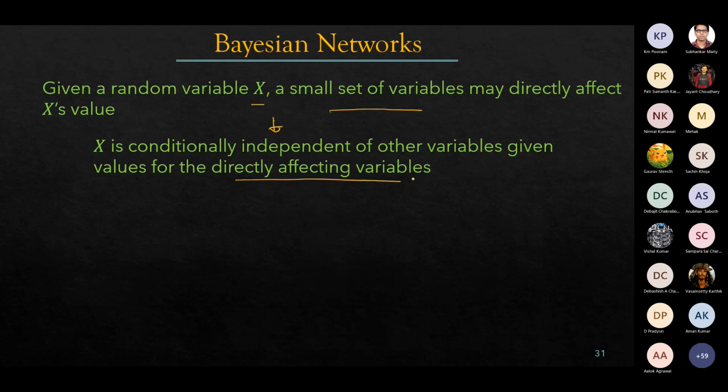So if we know the values of the directly affecting variables, then the random variable is conditionally independent of the other variables. For example, we have taken x to be fire. The other variables are like someone taking a printout or not, and the directly affecting variable is whether someone has lit a cigarette or not, right?